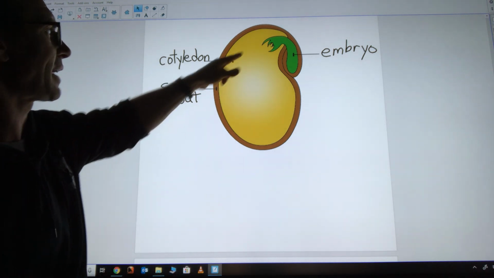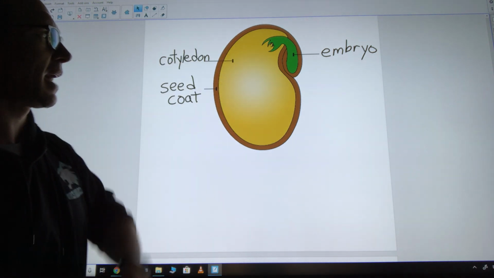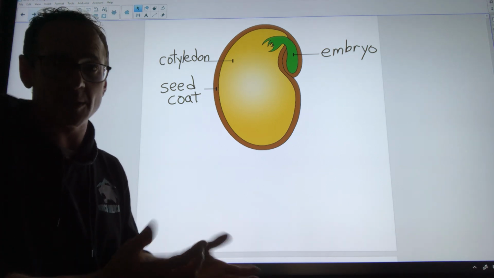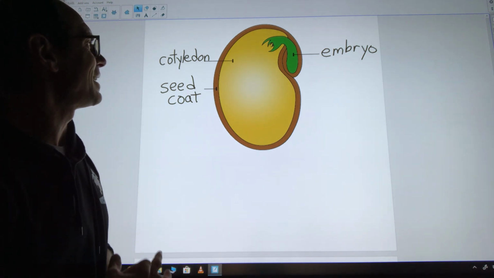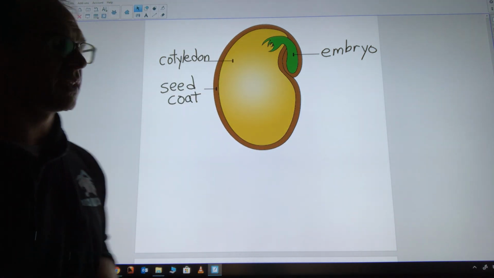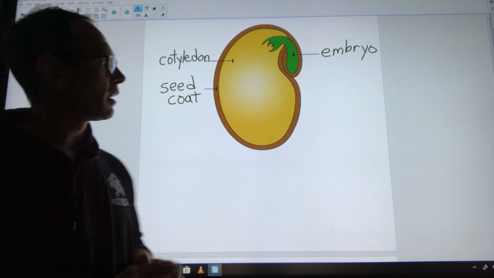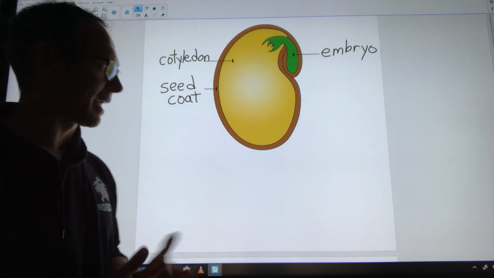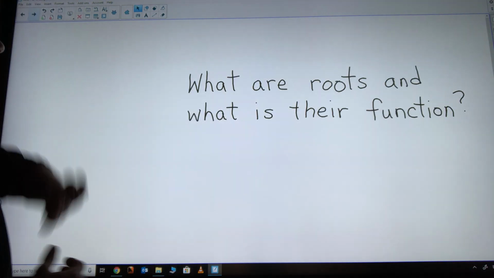There's the cotyledon, that's like the food source that the embryo starts to eat, I guess you would say, to get its nutrients from as it's growing. And there's the seed coat, which protects the seed while it's waiting to become planted.